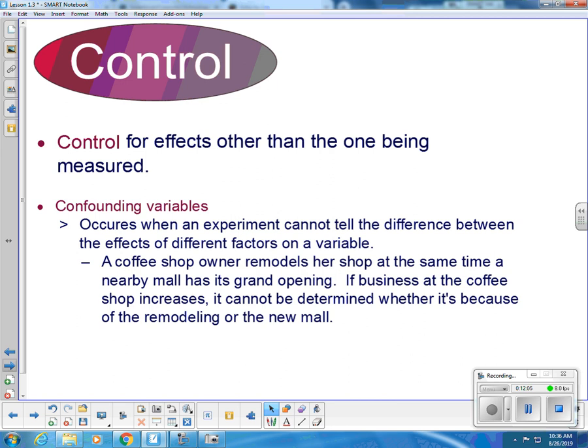So those are confounding variables. You can't tell why she had more business. Okay? So confounding variables is when you cannot tell the difference, the effect of one variable over the other variable. Okay, when you have different factors that might be affecting the change. That's confounding variables.